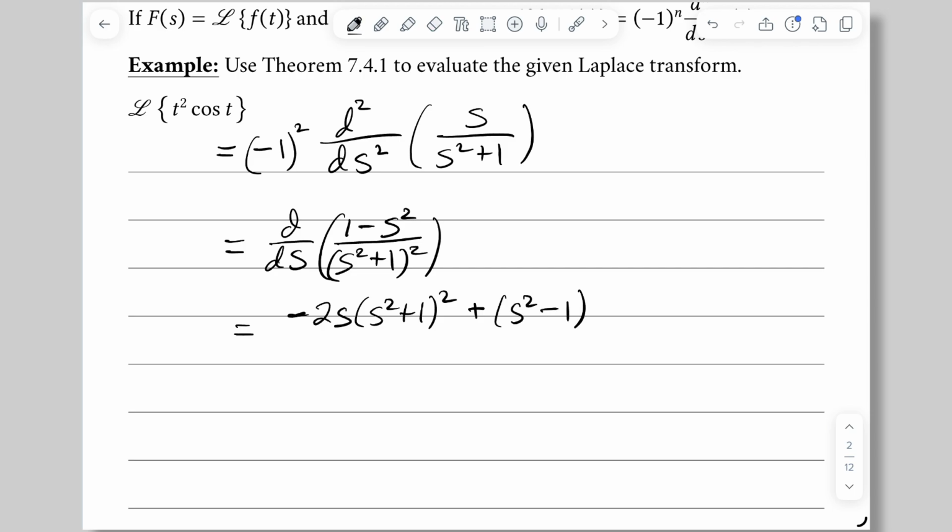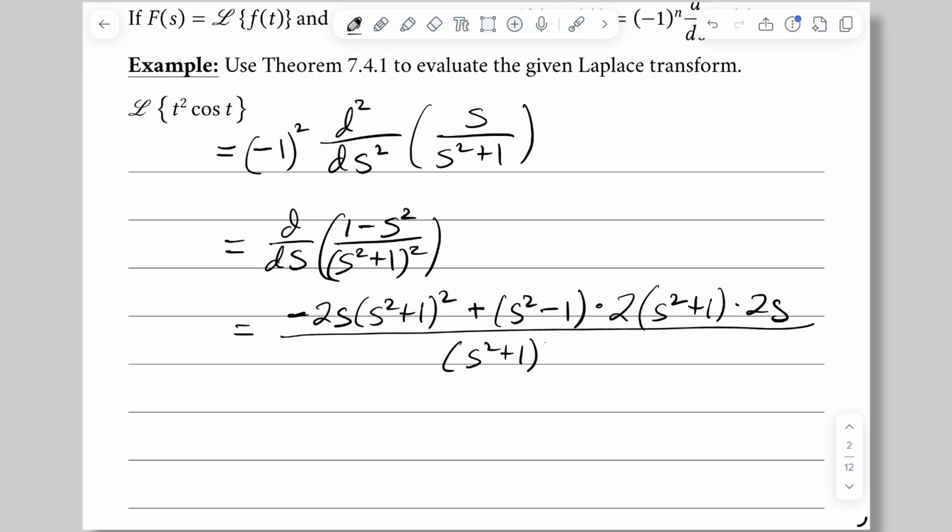I reversed the order of that factor there, times 2 times s squared plus 1 times 2s for the derivative of the denominator using the chain rule and the power rule, all divided by s squared plus 1, the quantity to the fourth power.